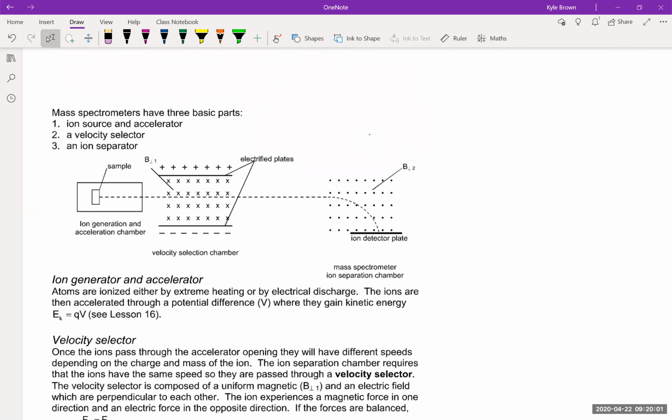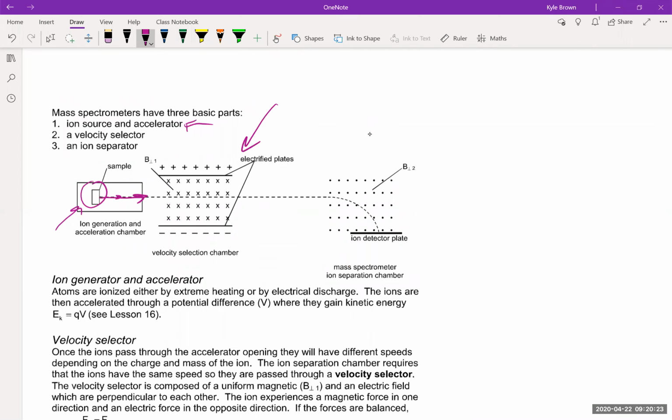We've got three parts. We've got an ion source and an accelerator. This ion source could be radioactive material that's giving off charged particles every once in a while. It's shooting these particles out this way.